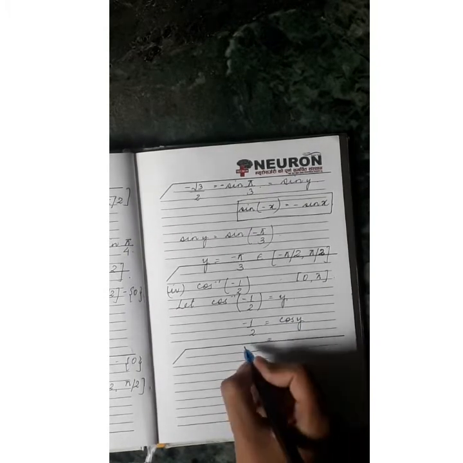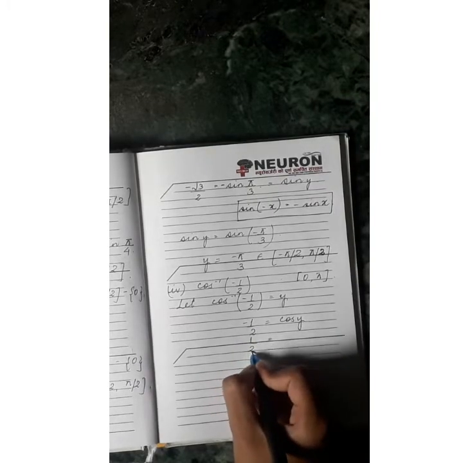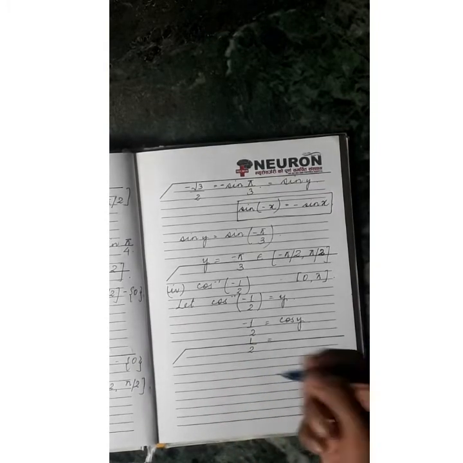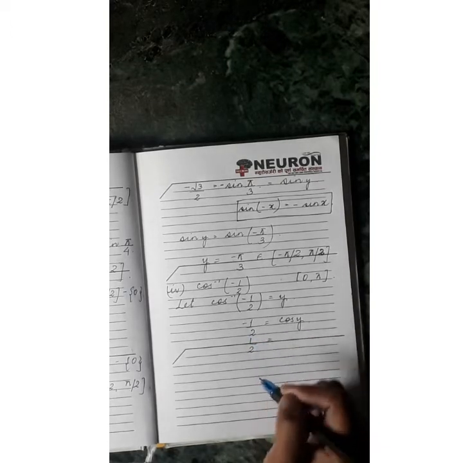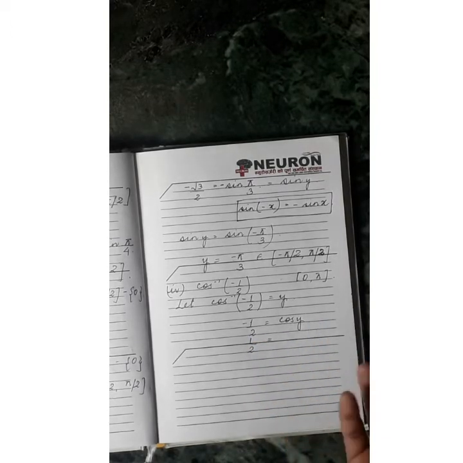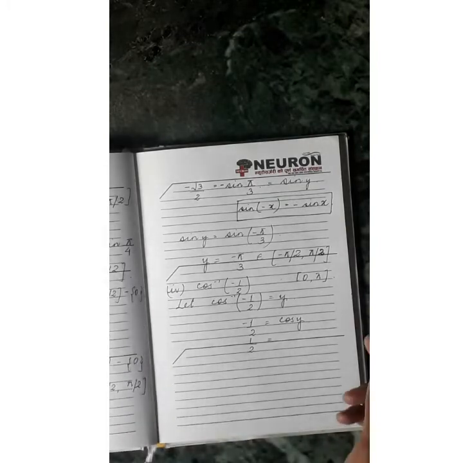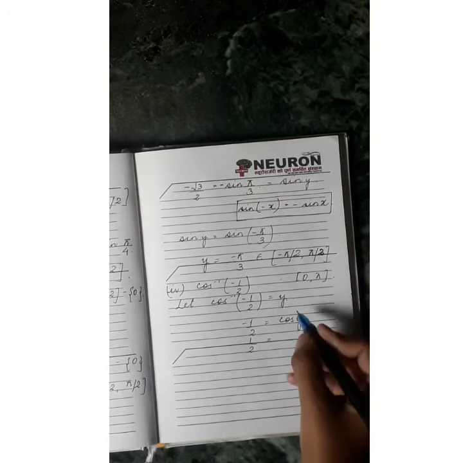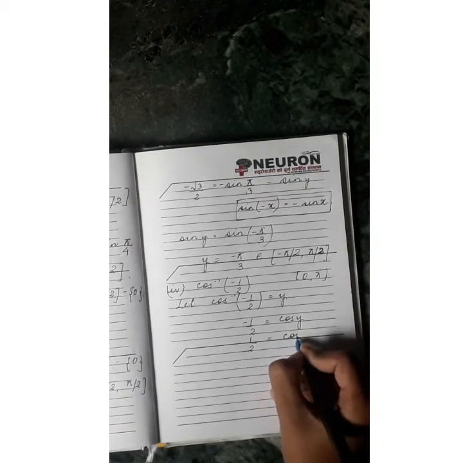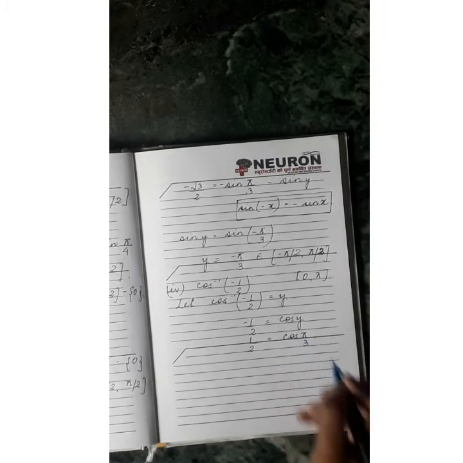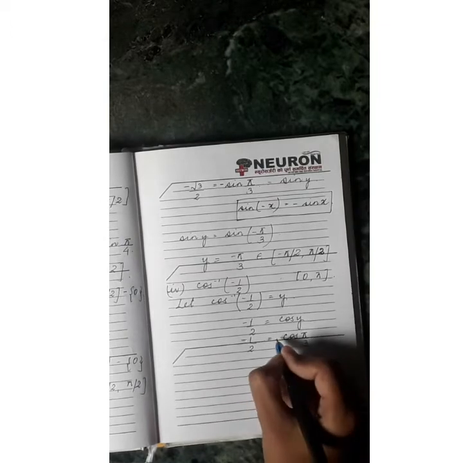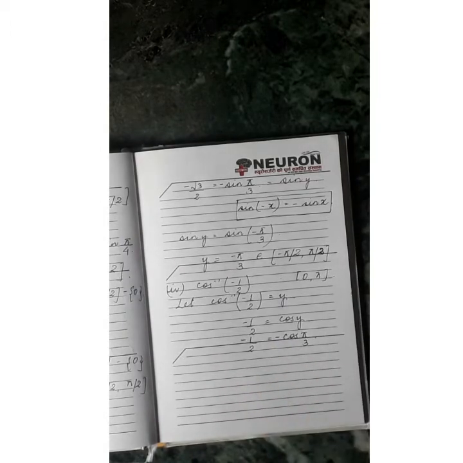So, you should know the value of theta when cos is 1 by 2. So, what is it? It is pi by 3.